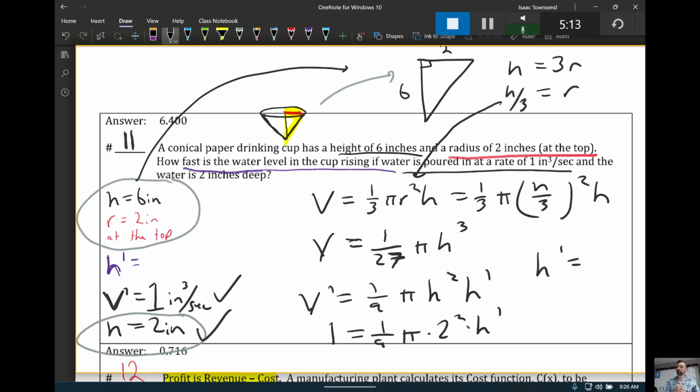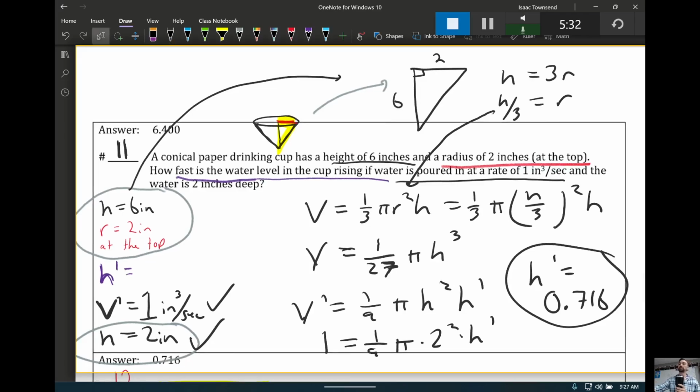And so in your calculator, 9 divided by pi divided by 4 gave me my answer of 0.716. That's a very good question to ask, because this did not come up, and that's not necessarily intuitive to most people.